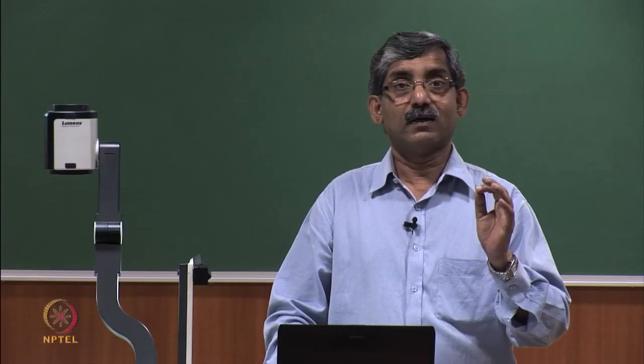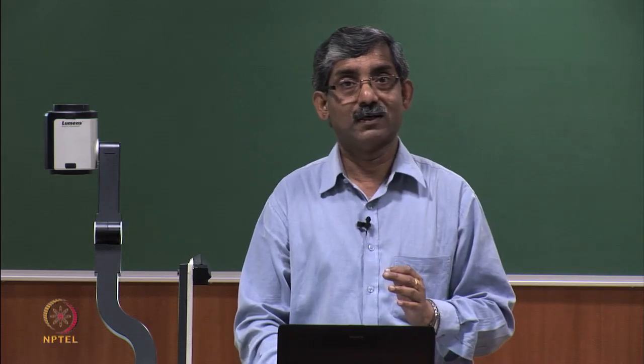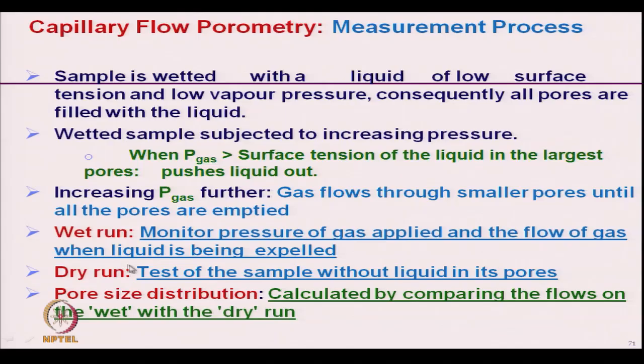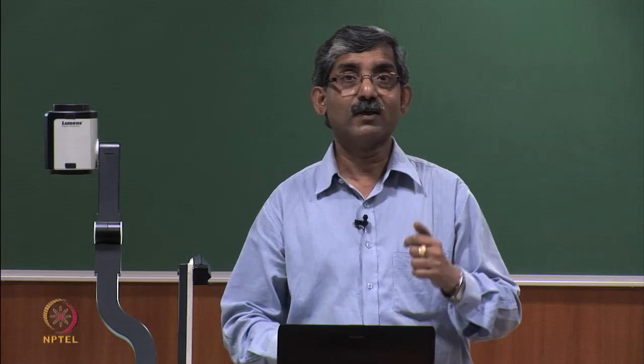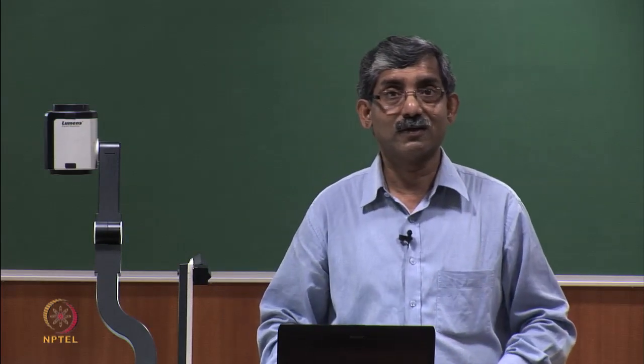We run the same test, which is called the dry run, a test of the sample without liquid in its pores. Pore size distribution is calculated by comparing the flow in wet and dry runs. So, if we compare, we can calculate the pore size distribution.